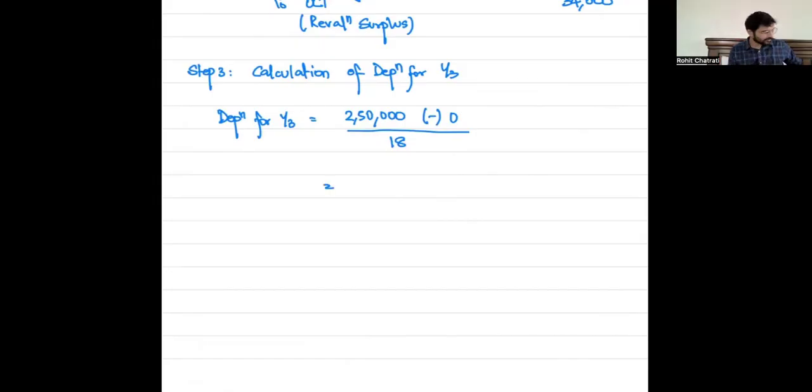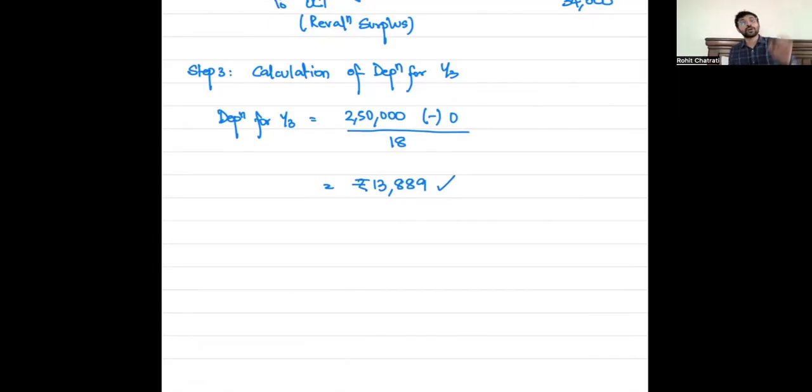So it will be 2,50,000 divided by 18, which is equal to rupees 13,888.89. All right, so 2,50,000 is the revised carrying amount after considering revaluation divided by the remaining useful life of 18 years, and the total depreciation for year 3 will be equal to 13,889.